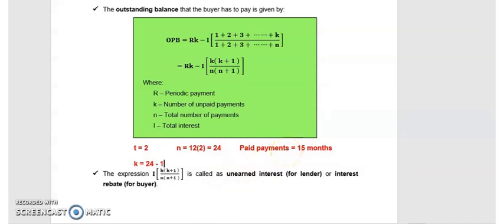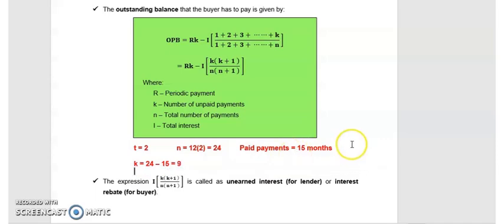So paid payments 15. So 24 minus 15 is 9. Okay. So balance for another 9 months. You will settle it earlier on the 16th month. Okay. So this one will be paid in full on the 16th month.